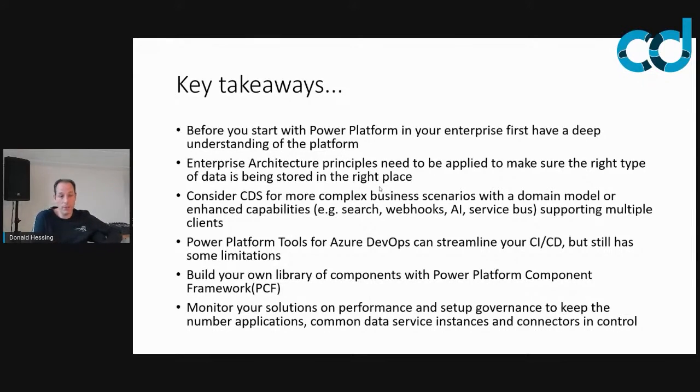Where the pro developers can focus on the complex UI aspects of it. And lastly, keep an eye on your solution, monitor it on performance, but also set up some governance model to prevent that you have an exhaustive number of applications being deployed.